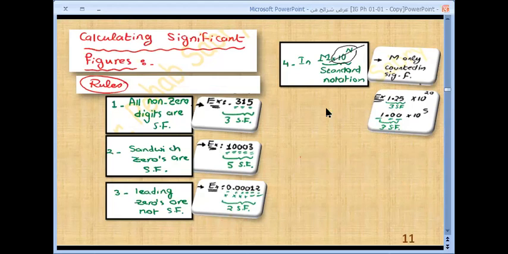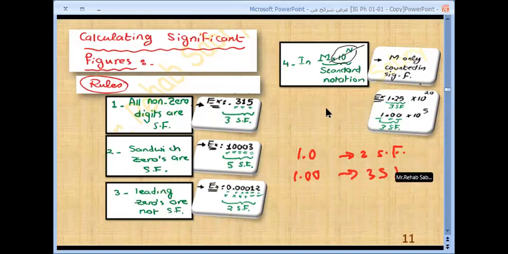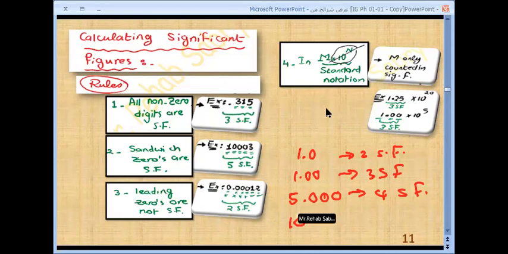But when I say 1.0, this is 2 significant figures. 1.00, this is 3 significant figures. 5.000, 4 significant figures. So these are significant figures. But if I write 10, how many significant figures? 1. Yes, 1. Okay, 100.